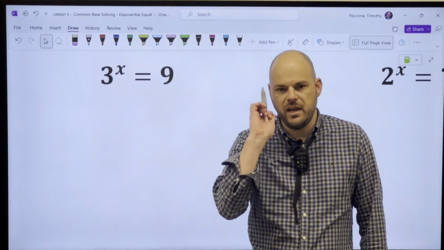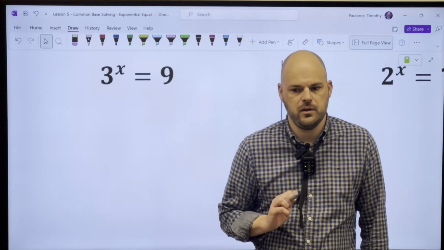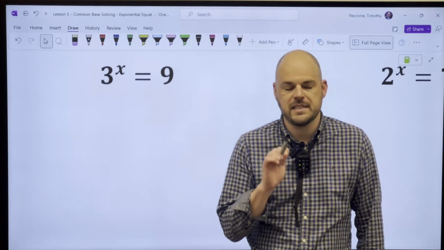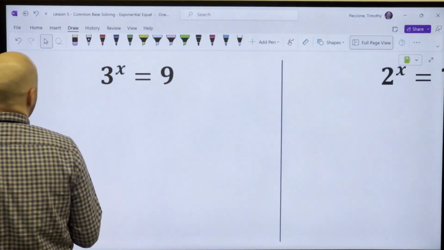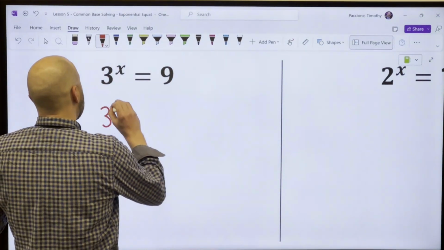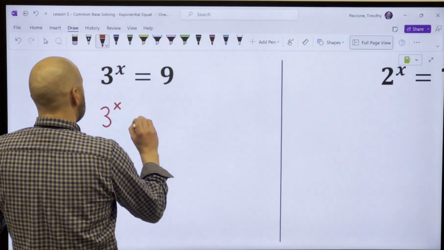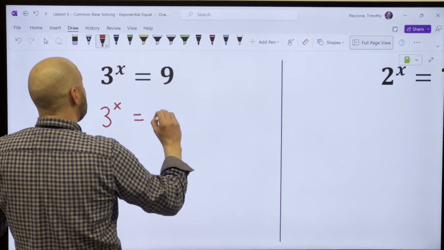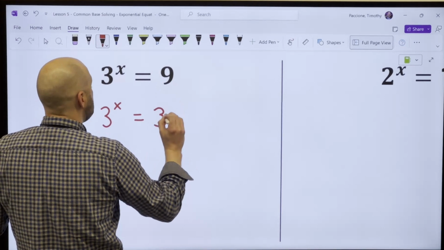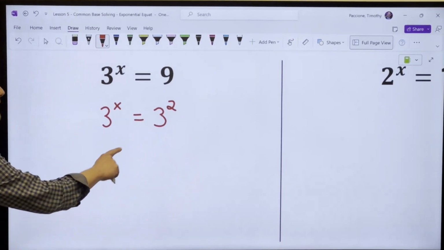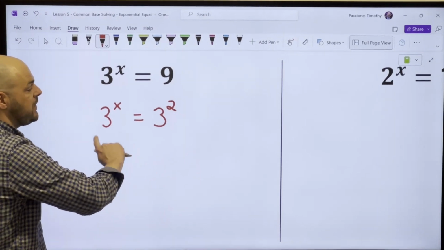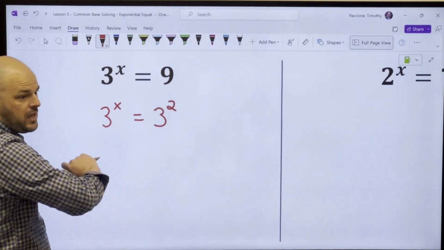But let's pay close attention to what's going on in our brain there because we're going to need that process on paper for harder problems. What we're saying to ourselves is, well, 3 to the x on this side, this 9 can be rewritten as 3 to the what? 2. And we know that this equal sign means that they are the same thing on both sides, right?